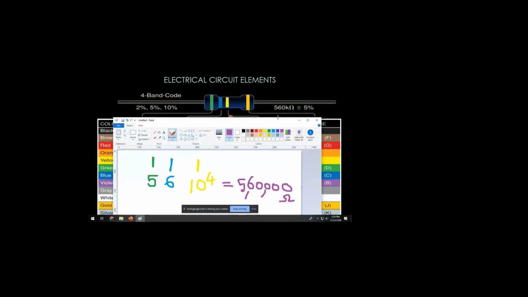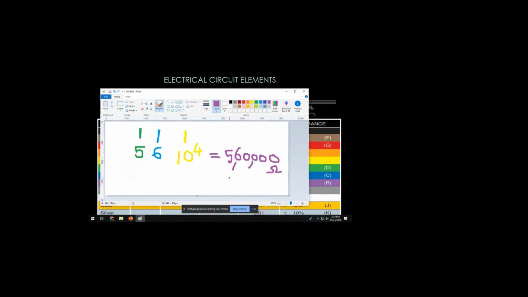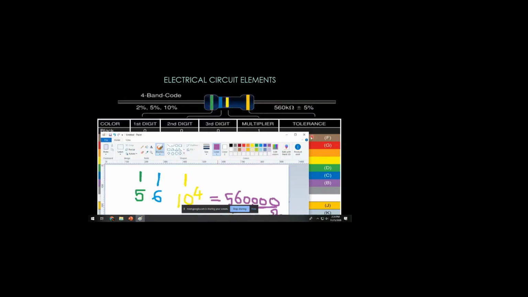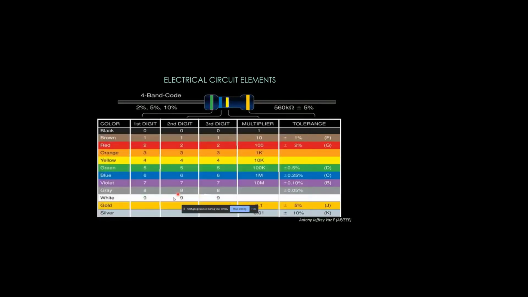We need to truncate this, so taking these 3 zeros, we will take kilo ohm. 560 kilo ohm is the value of this resistance shown over here. If you have any doubts, you can ask now.